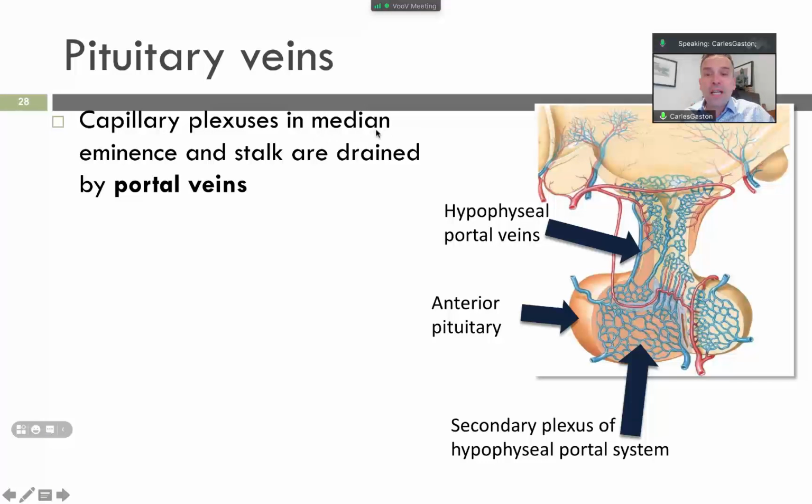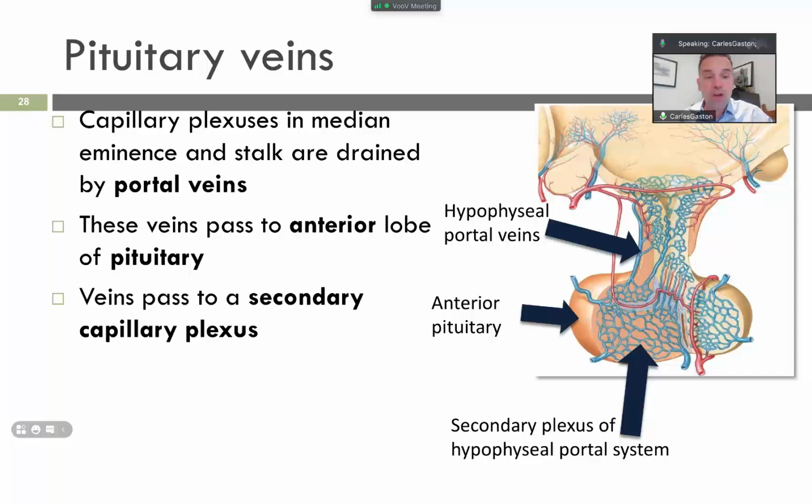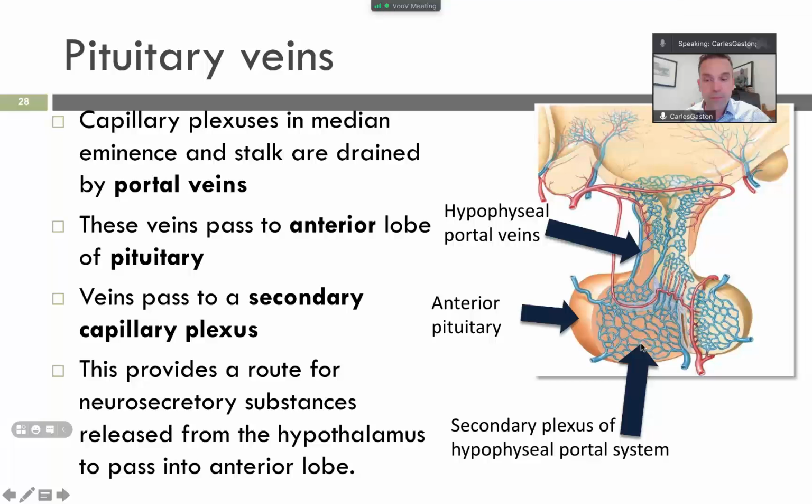The capillary plexus in the median eminence and stalk is drained by portal veins. These veins pass to the anterior lobe of the pituitary and to a secondary plexus found in the anterior pituitary. This provides a route for neurosecretory substances, which we will study, to be released from the hypothalamus and pass into the anterior lobe of the pituitary, which in turn will activate cell types to release some hormones.